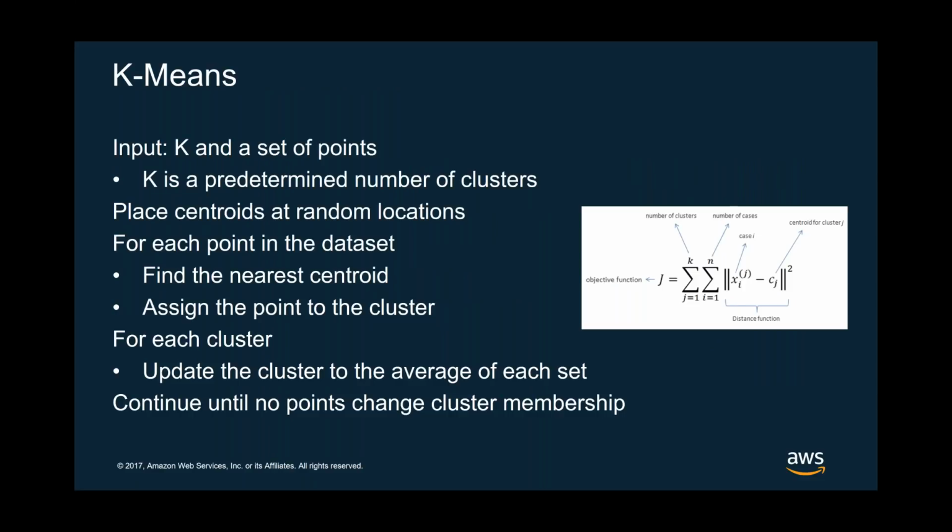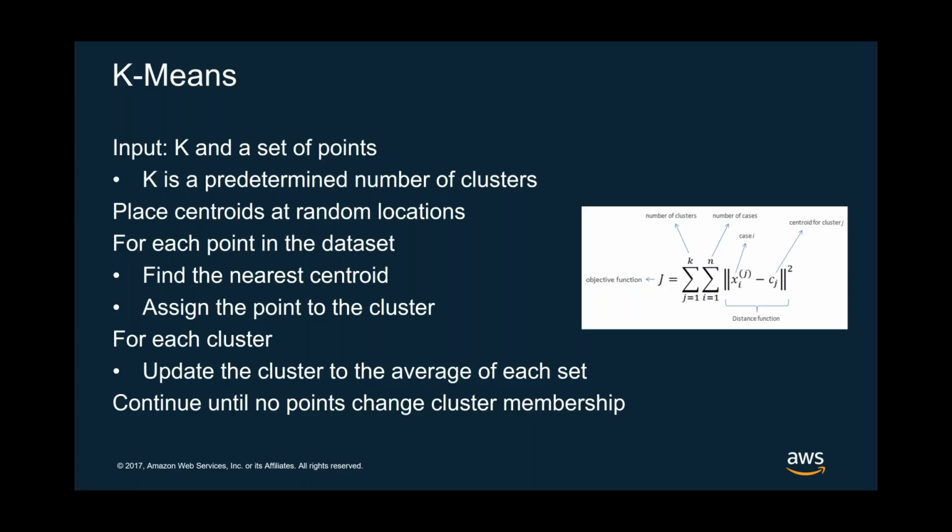So K-means. K-means is probably the most popular clustering technique. There are others. What K refers to is how many clusters there are in your particular data set. So K is a predetermined number. Before you can run K-means clustering, you have to ascertain with some method how many clusters you think are there.